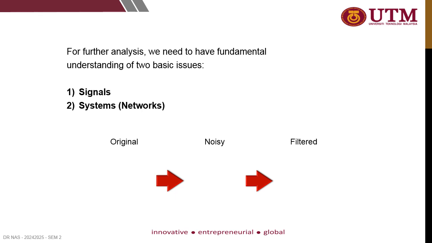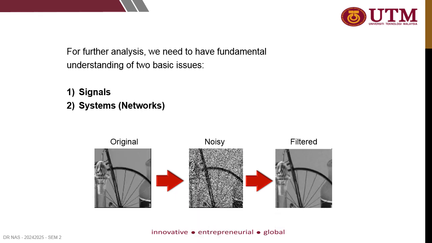This slide shows the example of a practical system. When you have an input signal that will be transmitted to the end recipient or the receiver. So this is the original image. Then you send it into the system.